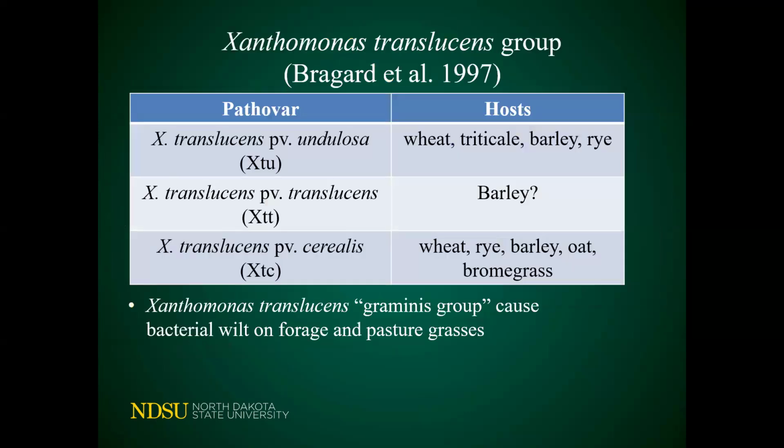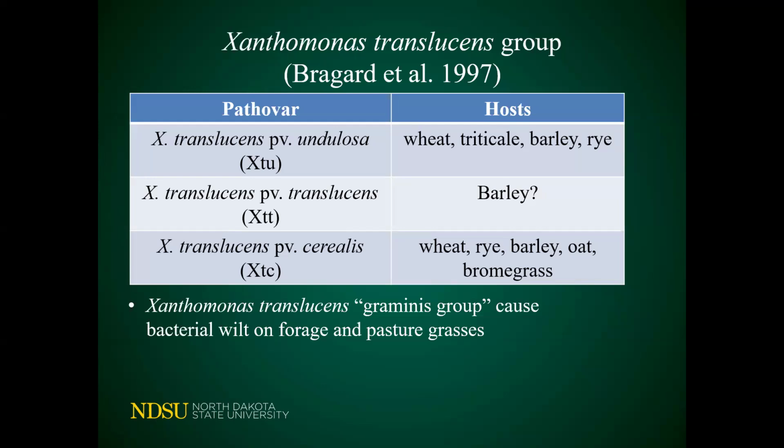Right now, in the Xanthomonas translucens species, there are two groups. We call one the translucens group, which usually contains those bacteria that cause disease on small grains. They have three pathovars: pathovar undulosa, XTU; pathovar translucens, XTT; and pathovar cerealis, XTC. They have different host ranges.